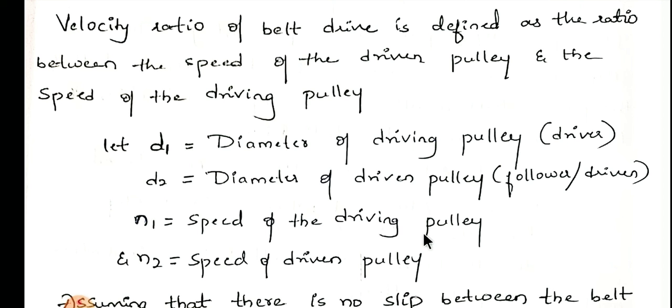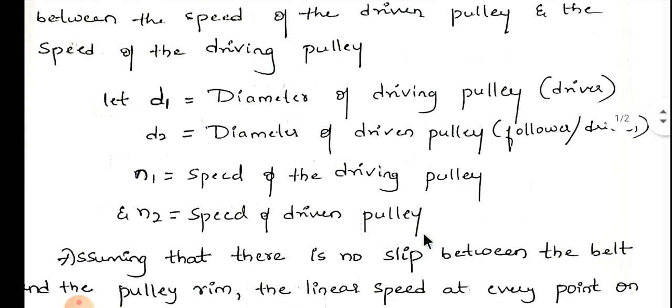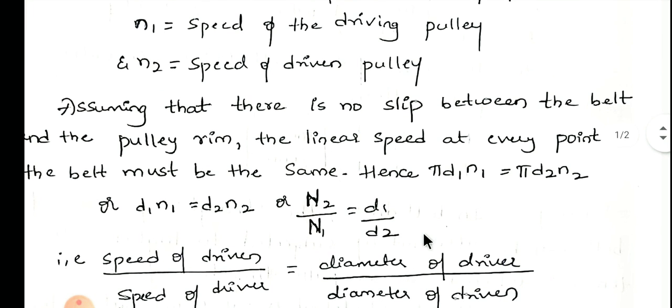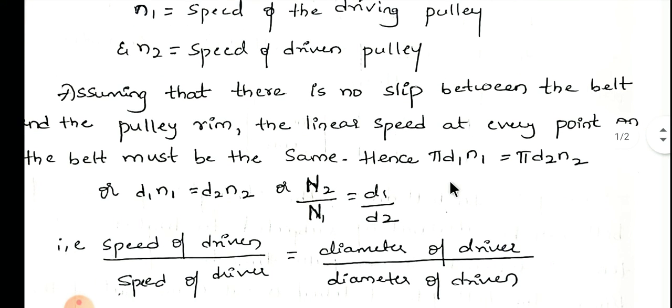In this velocity ratio, we are going to assume that there is no slip between the belt and the pulley rim. As a result, we can write the equation as pi D1 N1 is equal to pi D2 N2. In some textbooks, they use small n1 and in others capital N1.